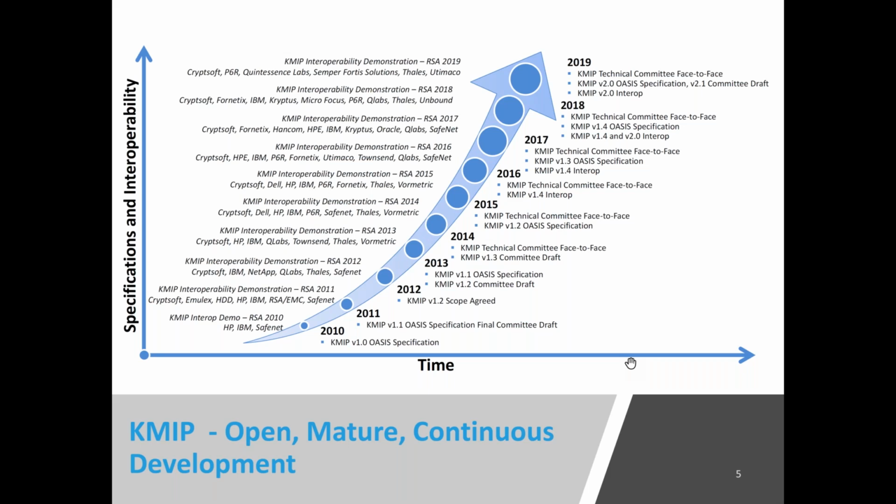But what the remaining portion of this presentation is about is our effort to do a 2.0 version of KMIP. One of the advantages of the 2.0 release is it gave us an opportunity to do a major, significant rejuvenation of the actual specification and functionality.